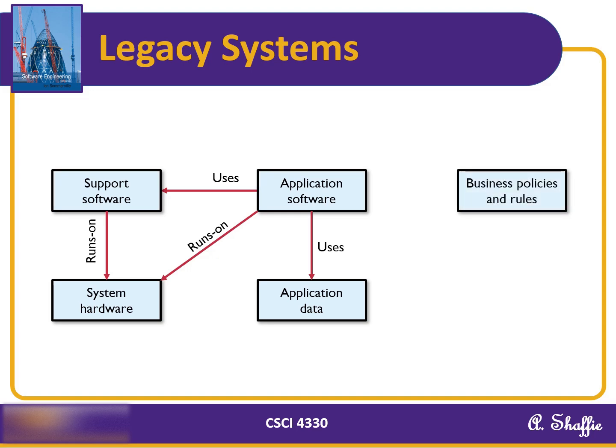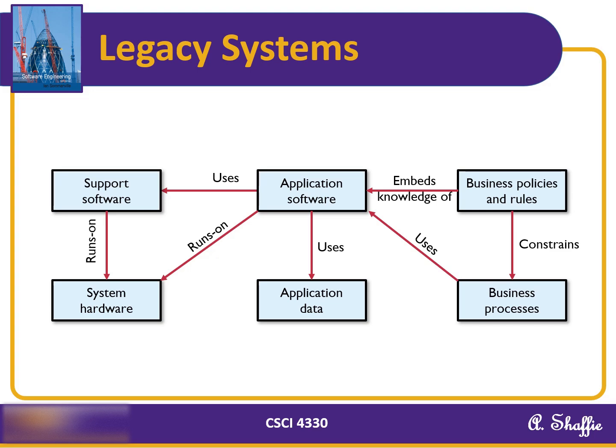Moreover, there are business policies and rules that constrain business processes. The use of a legacy application system may be embedded in these policies and rules. For example, in a banking system, a legacy application may enforce policies like loan approval rules, such as verifying credit scores and income thresholds.